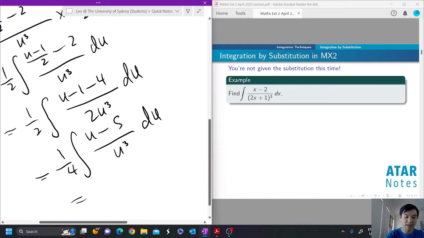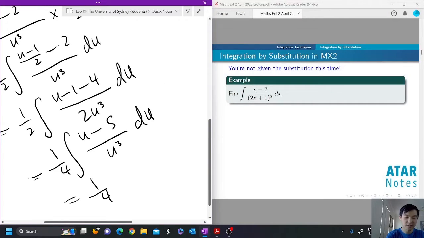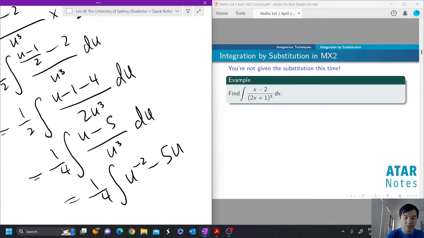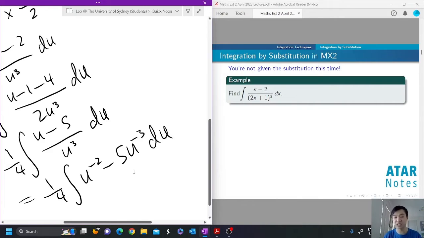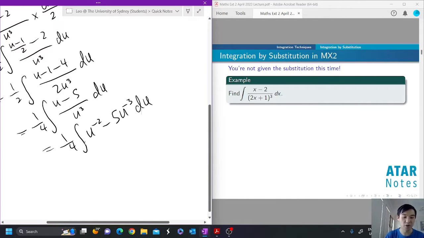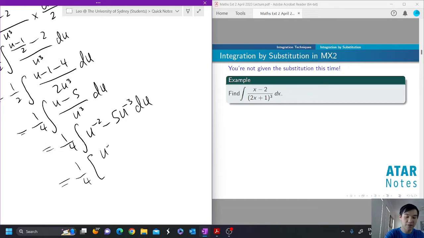Which will give me a quarter of the integral of u to the power of negative 2 minus 5u to the power of negative 3, with respect to u. And you can see this is quite an easy integral for us to do. So this will become u to the power of negative 1 over negative 1, minus 5u to the power of negative 2 over negative 2.